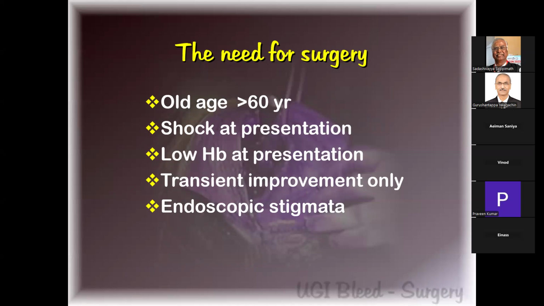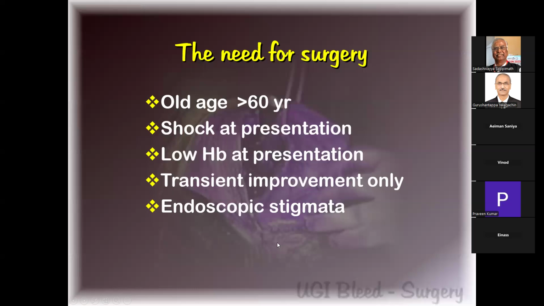Age over 60, shock at presentation, low hemoglobin when they present, say a hemoglobin of 5 or 6, transient improvement with your resuscitation, and the endoscopic stigmata. This is not a very strong indication for surgery, because even with the endoscopic stigmata, endoscopic treatment can be tried and is being tried.